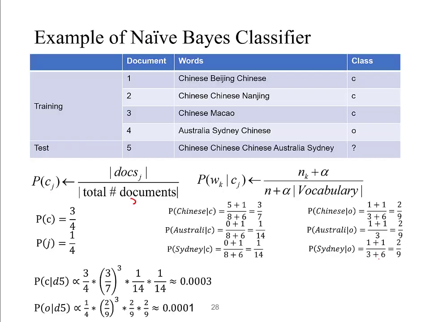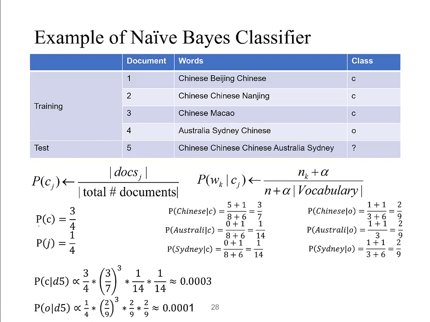All right, now let's look at an example of a naive Bayes classifier. So let's look at how we actually use this to help us make the decision. Basically, the formula is here. These are the training data, and this sentence is the testing data. For the class labels, C corresponds to China, O corresponds to OZ, which is Australia.